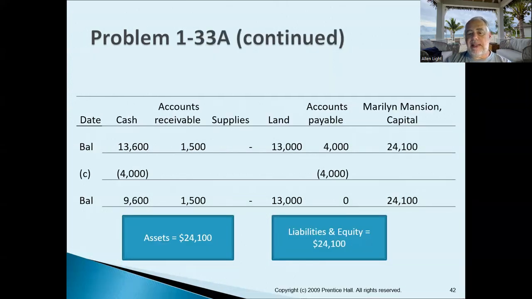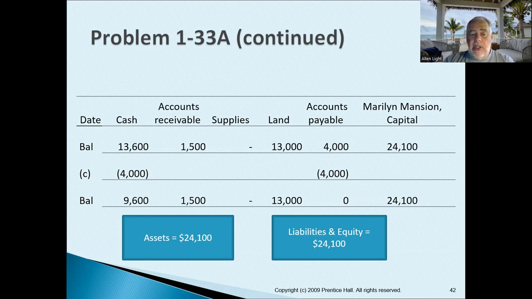Now in transaction C, the company paid off the accounts payable. Both cash and liabilities are decreased by $4,000. So I had a liability of $4,000. Here's my accounts payable. This was money that I owed. And on this date, I paid it. Well, if I'm paying, that means I'm decreasing my cash.